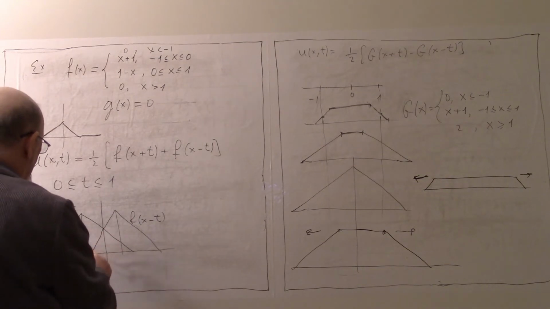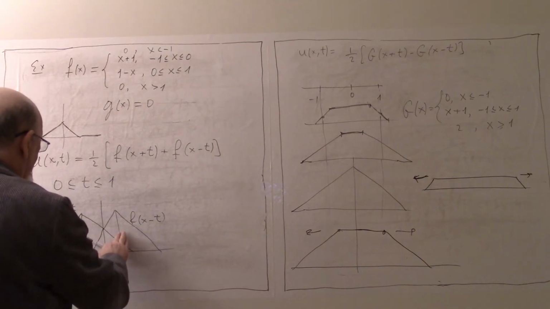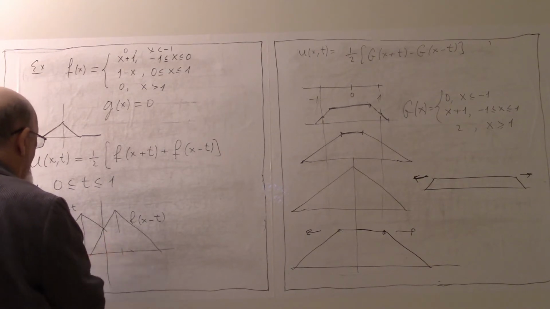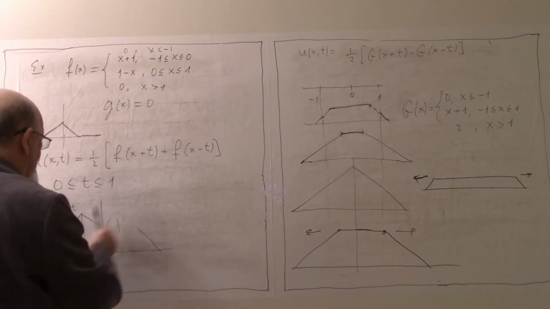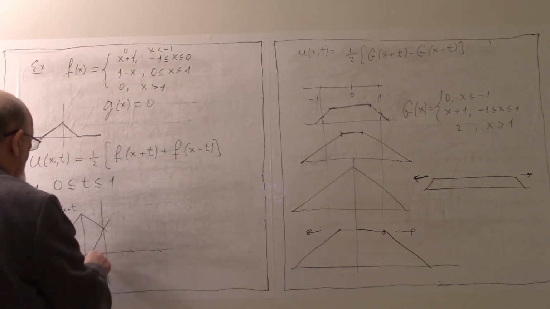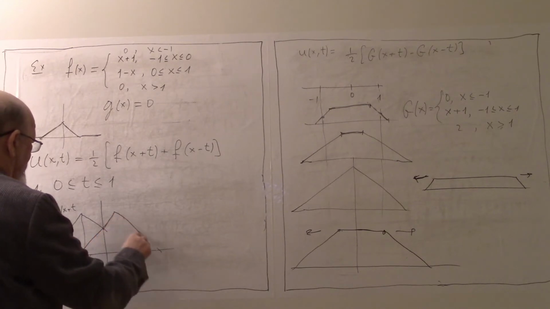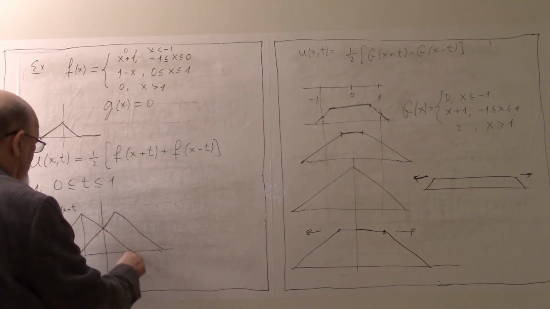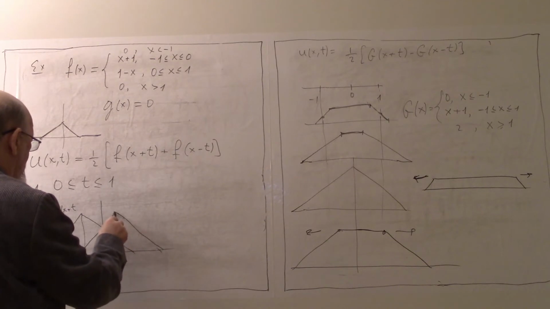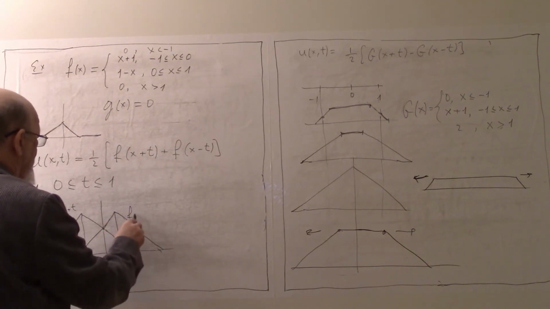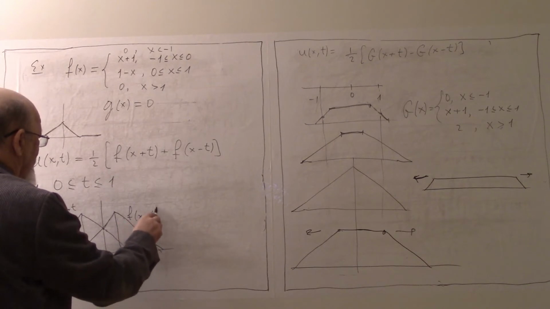One moment. Let me draw it better, like this. Yeah? This is t. It is f of x minus t.